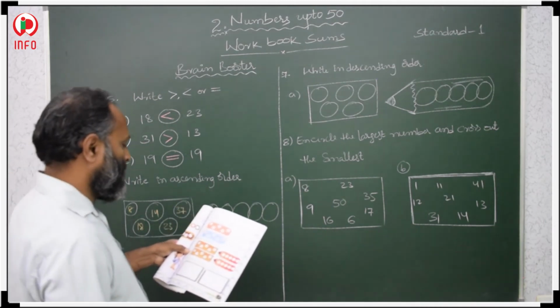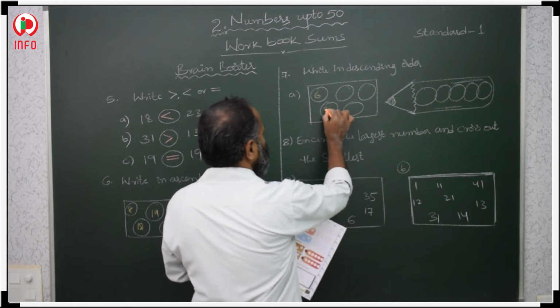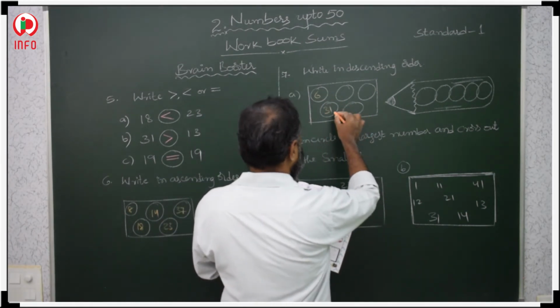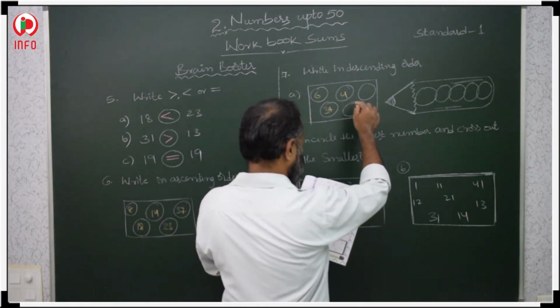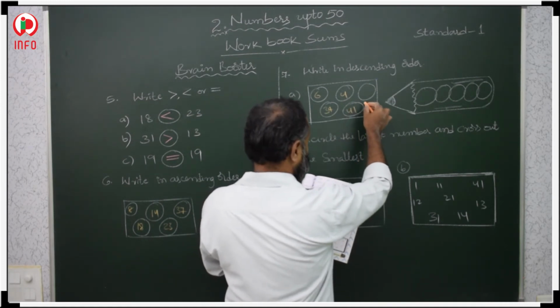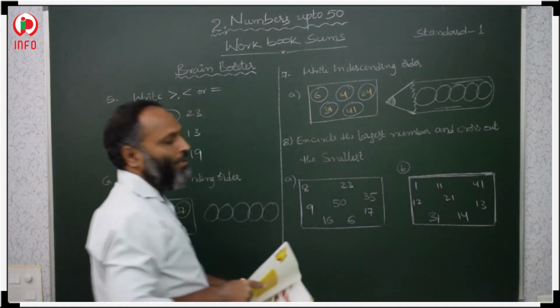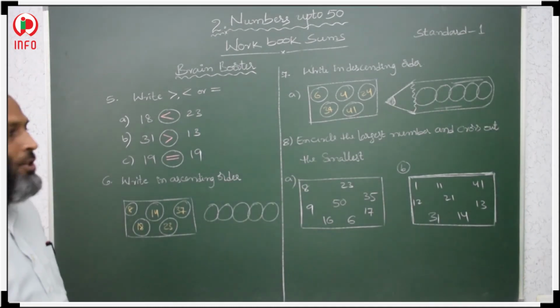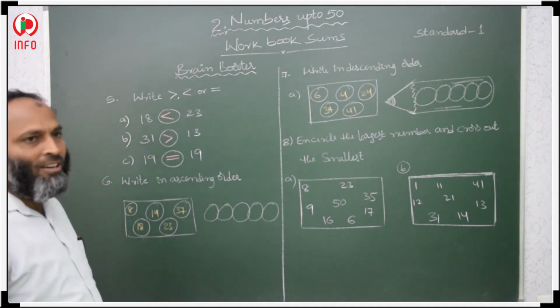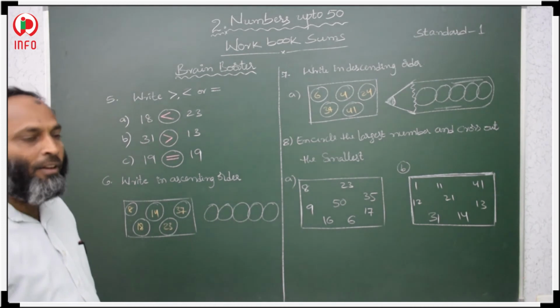Here also some numerals are given: 6, 31, 34, 4, 41 and 24. In these numerals we have to arrange in ascending order.